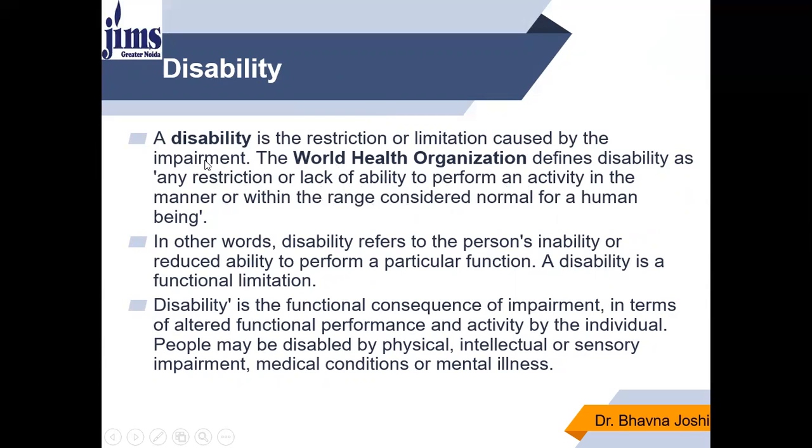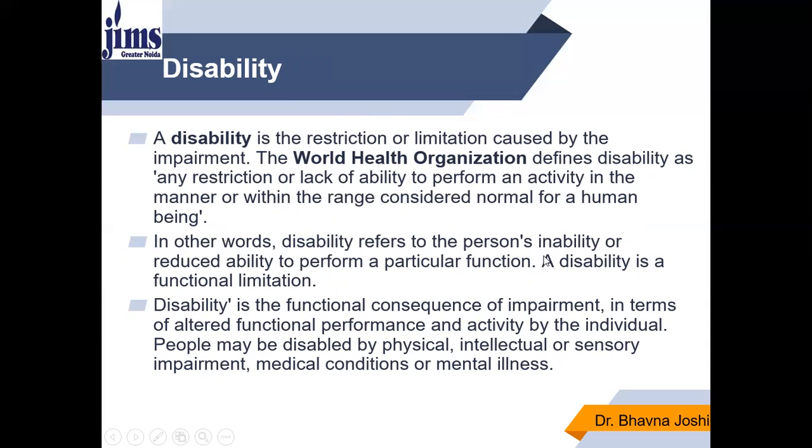As we discussed earlier, impairment is related to the abnormality in the organ. Whatever restriction is caused by that impairment, in the sense that the child is not able to perform the activity in the same manner as so-called normal human beings, is called disability.